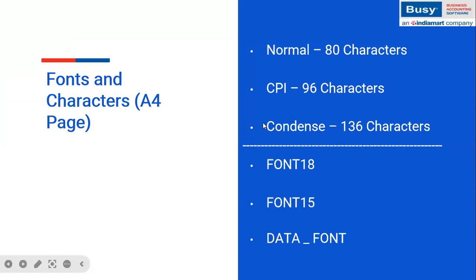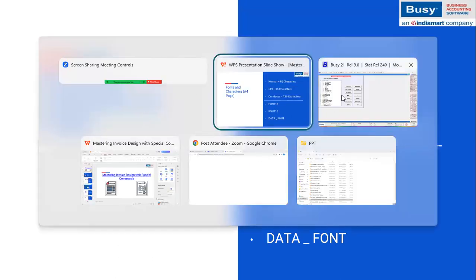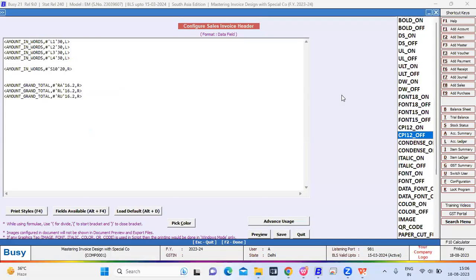Or if I call the condensed line, it will call 136 characters. This is the condense field. I will show you. Condense: if I press C, this is condense on, condense off. If I call the condense on field, the total number of characters in a single line is 136.